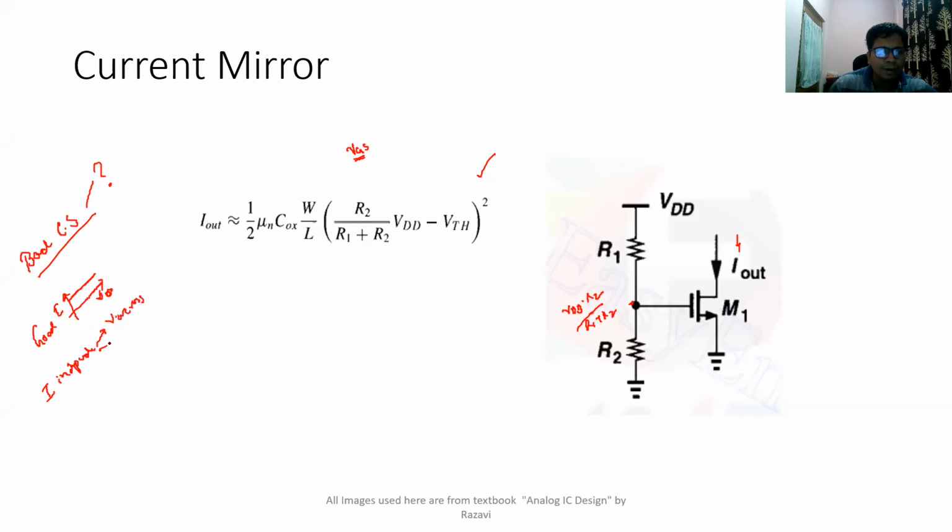It should be independent of temperature. It should be independent of process variations. So let us say I'm designing a current source of 1 milliampere.